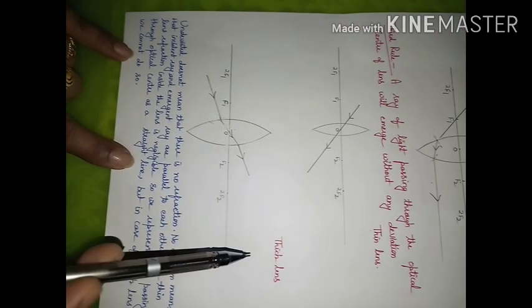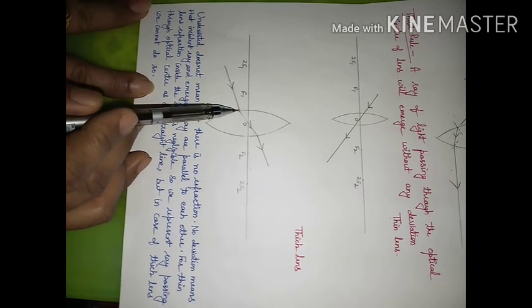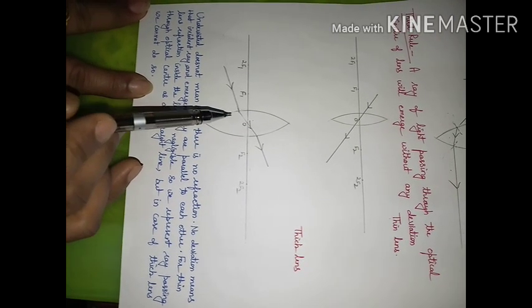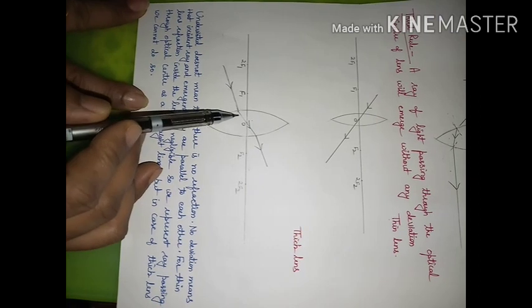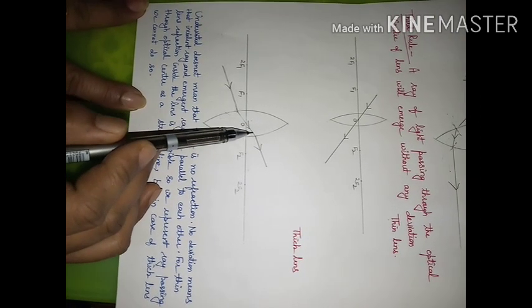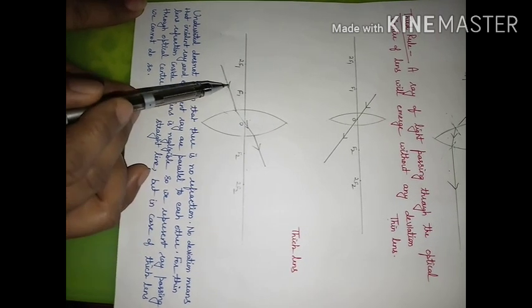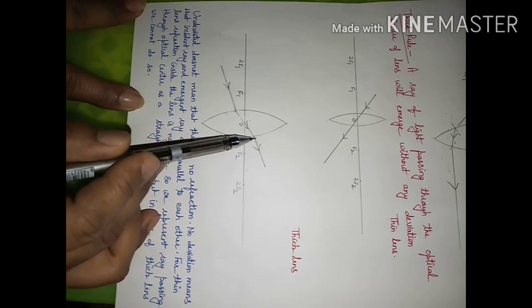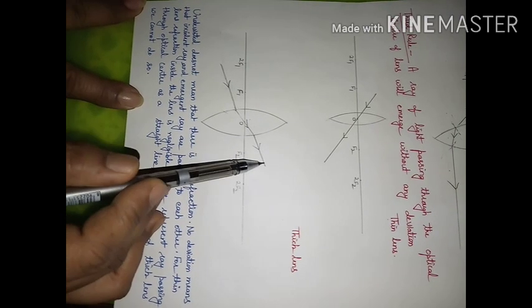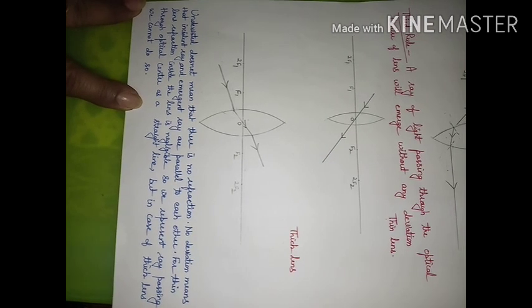If you consider a thick lens, this is the incident ray. So here bending will take place. In this case, the ray of light passing through the optical center will be like this, and this is your emergent ray. So this is incident, this is emergent. You can consider they are parallel with respect to each other.